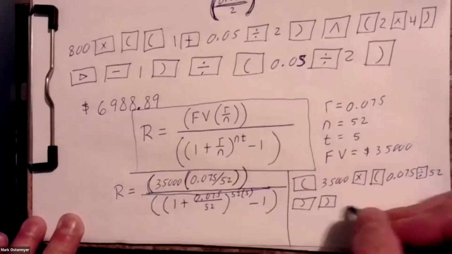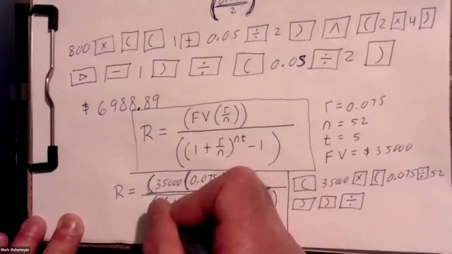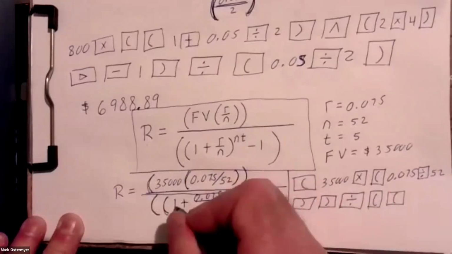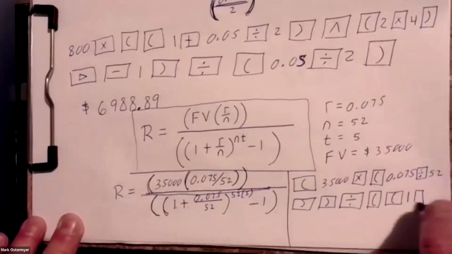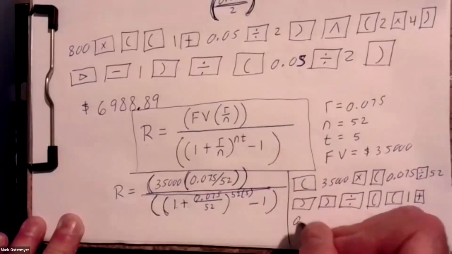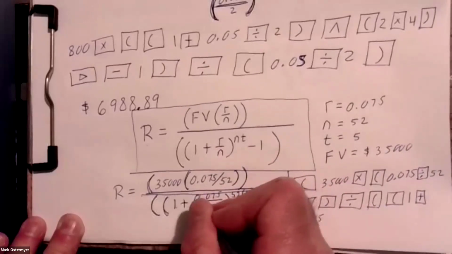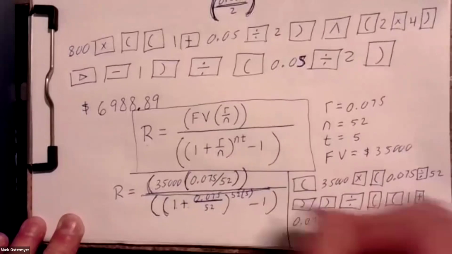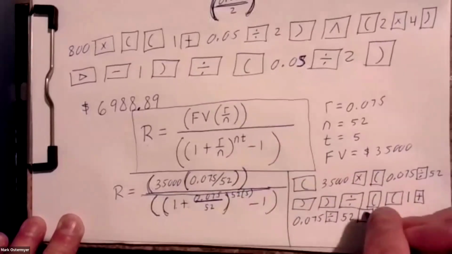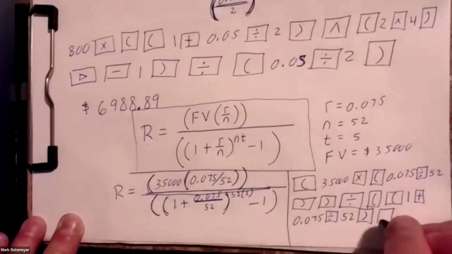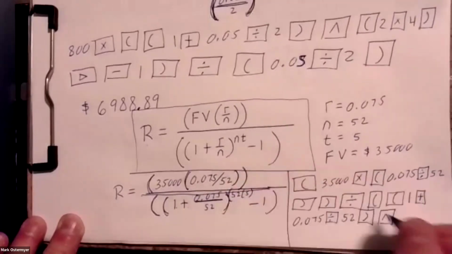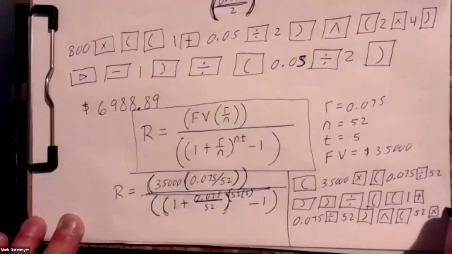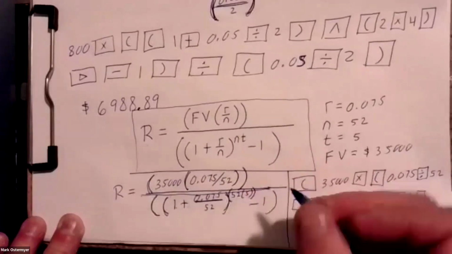divided by, the fraction bar means division, divided by, open parenthesis, 1 plus 0.075 divided by 52, close parenthesis, raised to the open parenthesis, 52 times 5, closed parenthesis.